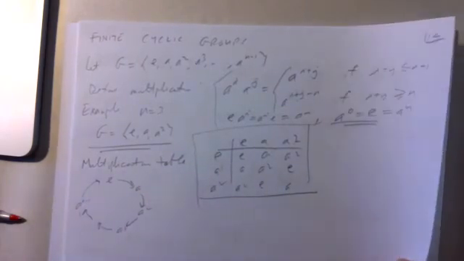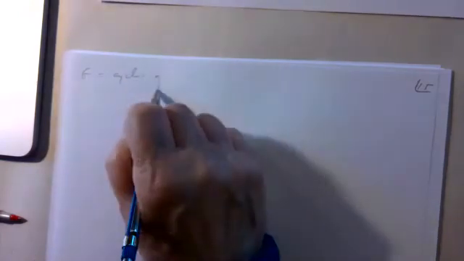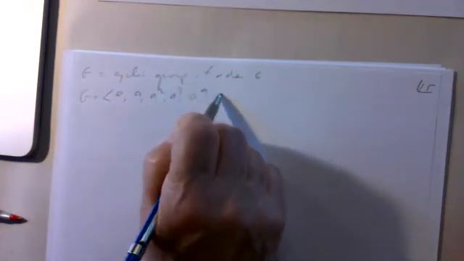So for example, suppose we take G, a cyclic group of order 6. So it has 6 elements: E, A, A squared, A cubed, A to the 4th, A to the 5th, and A to the 6th is the identity.